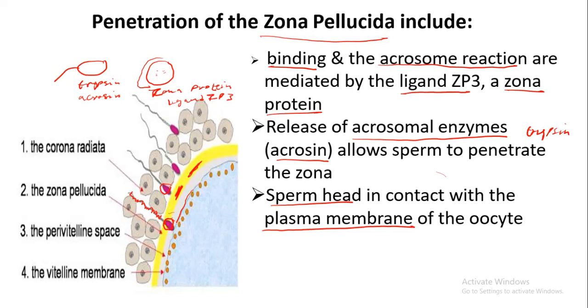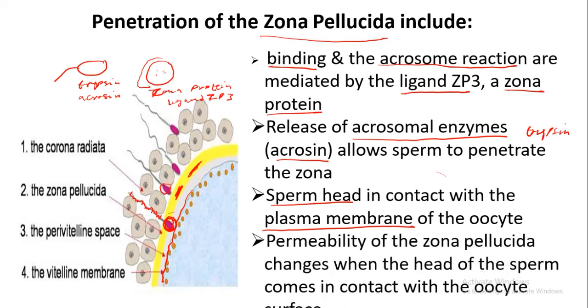Once this sperm attaches to the membrane of the egg, the zona pellucida will be impermeable. It will say no to other sperms. No more sperm to enter. This sperm which has entered is simply enough for me. So, the permeability of the zona pellucida changes.